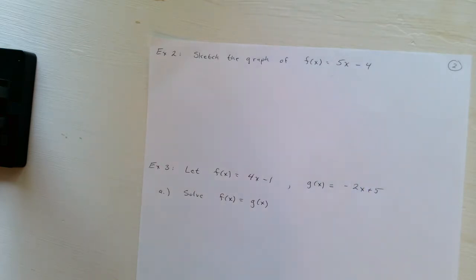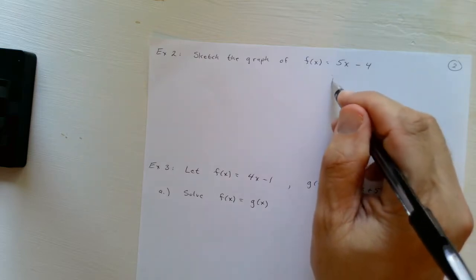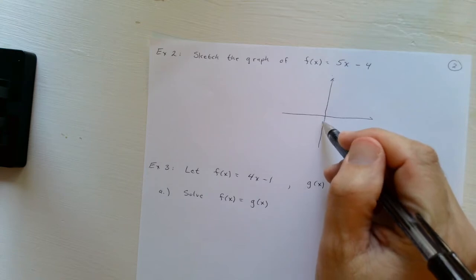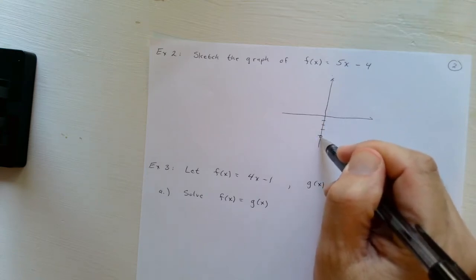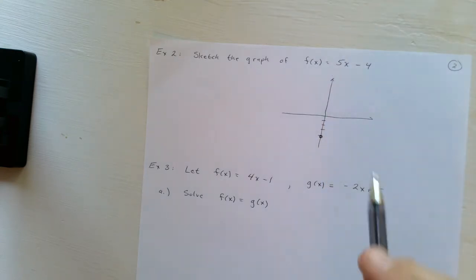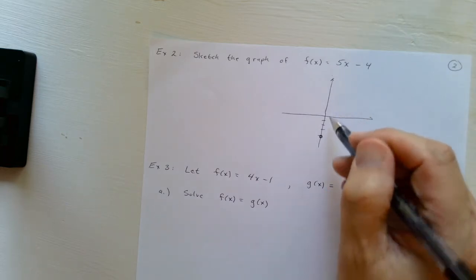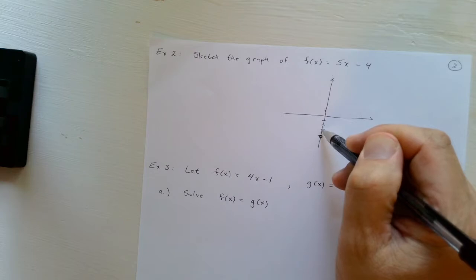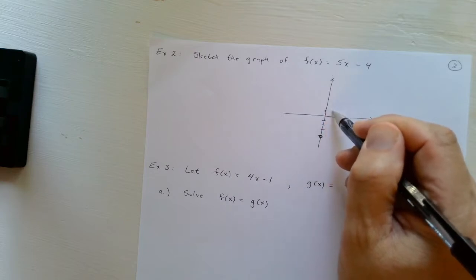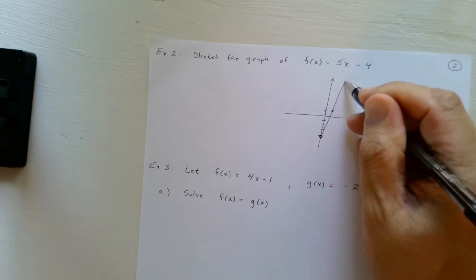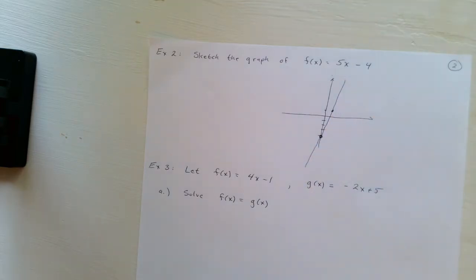Obviously, this function will be increasing everywhere, and the y-intercept is negative 4, so we can go down here. And then from here, the slope is 5, so we can go over 1 and up 5. So it's 1, 2, 3, 4, 5, and over 1. And we get that line right there.